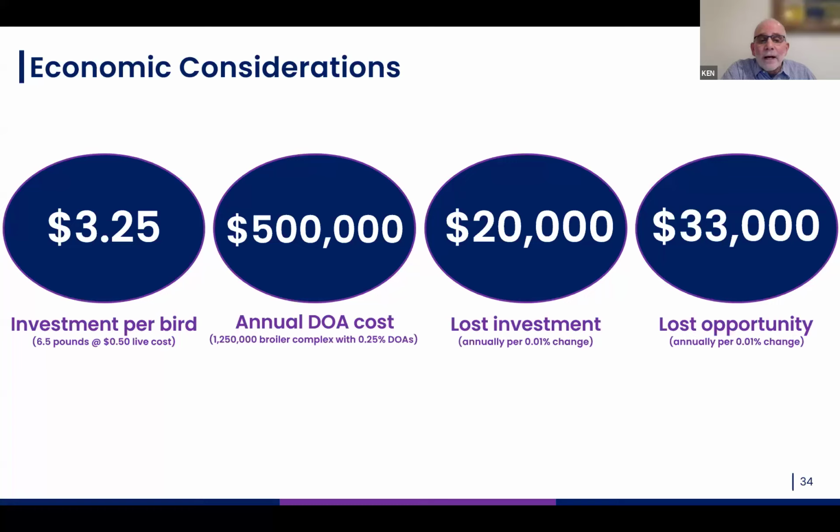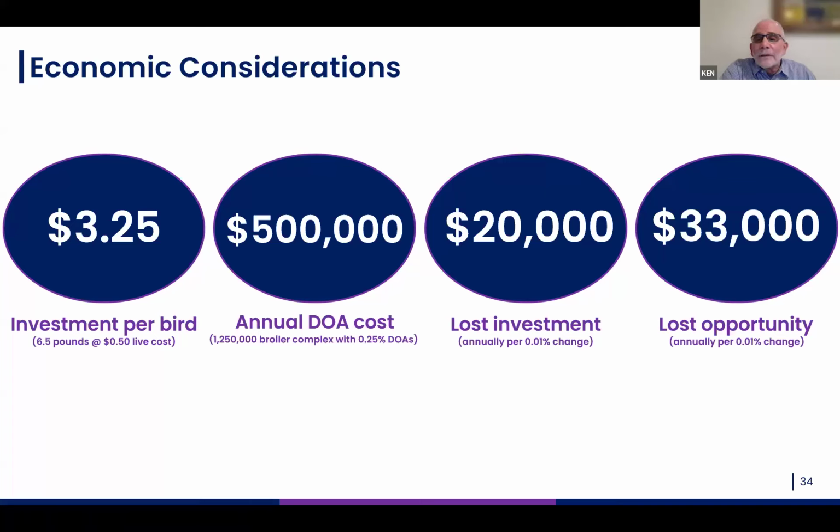And so if a complex is averaging just 0.25% DOA, that percentage of DOAs costs about $500,000. And for every 0.01% change, so if you went from a 0.25 DOA rate to a 0.26, that would be an additional $20,000 a year. That's in just lost investment, that $3.25 per bird.